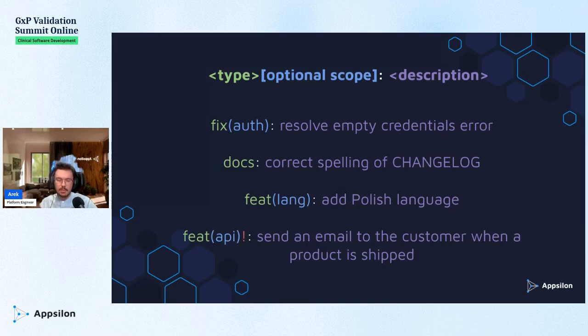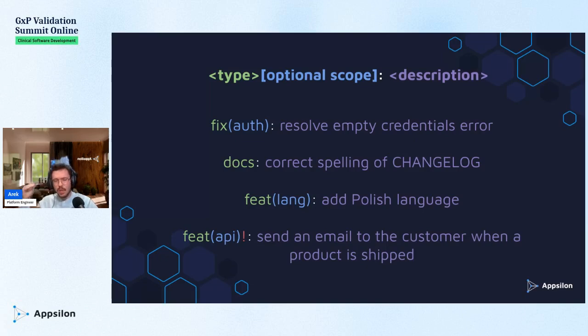It can be fix, it can be feat, feature, docs, chore, whatever we decide. Additionally, we may have an optional scope. So for example, in our case, we may have auth or API, lang, or maybe any other scope that we agree upon within the team. And we are adding the description as the last part of our message.